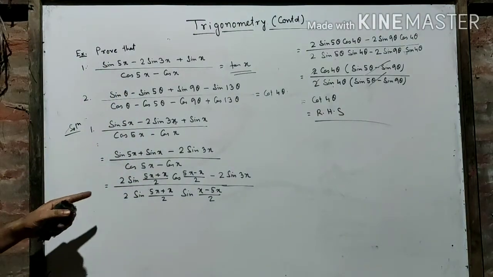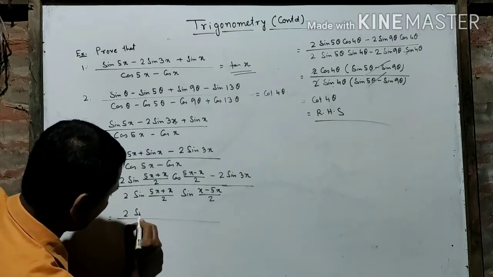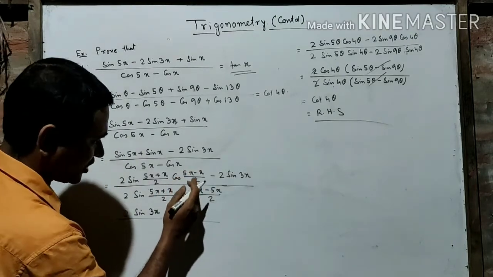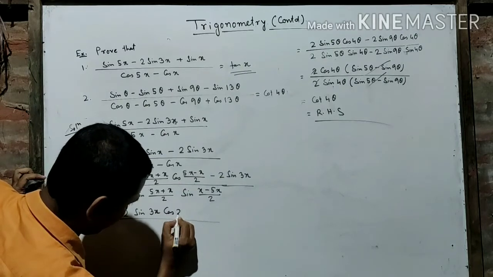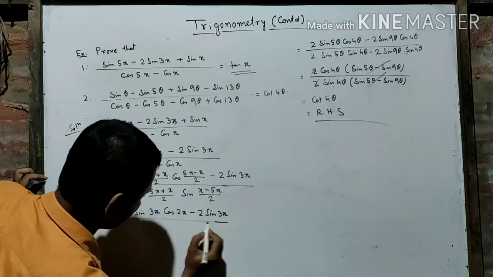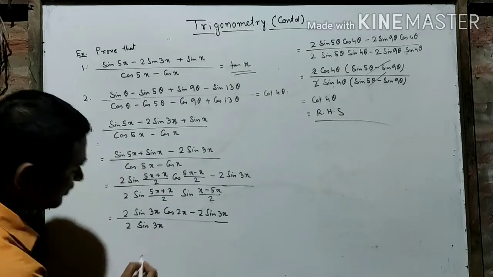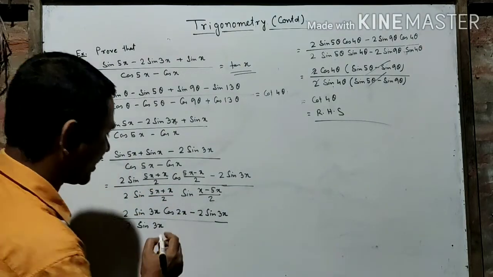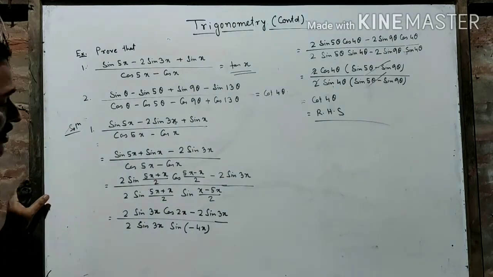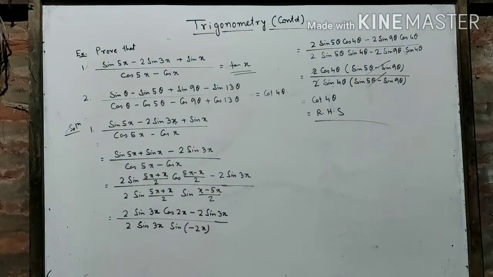Alright? So 5x plus x is 6x, divided by 2 is 3x. So numerator 2 sin 3x cos 5x minus x is 4x, divided by 2 is 2x. Cos 2x minus 2 sin 3x, divided by 2 sin (5x plus x is 6x divided by 2 is 3x) into sin (x minus 5x is minus 4x divided by 2 is minus 2x). Okay.